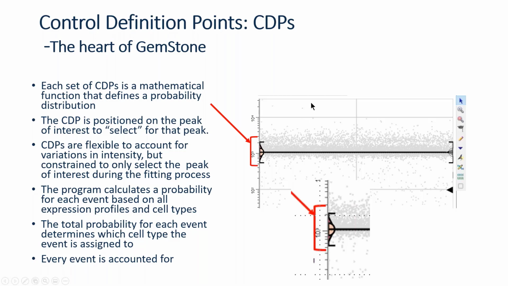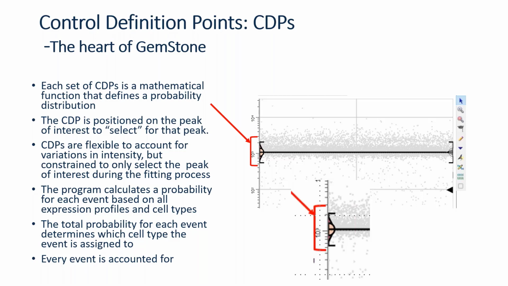These CDPs are mathematical functions that actually define a probability distribution, and we will teach the model to select for that peak of interest by positioning the CDP on that peak of interest. The CDPs are flexible so that they account for variations in intensity, but they're constrained by what we call an estimation range to only select that peak of interest during the fitting process.